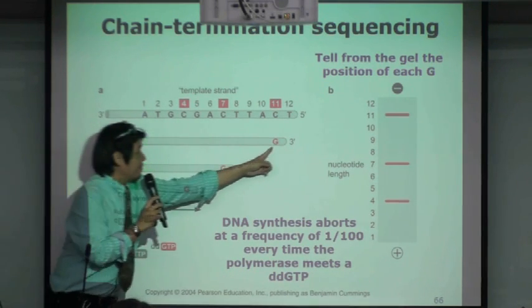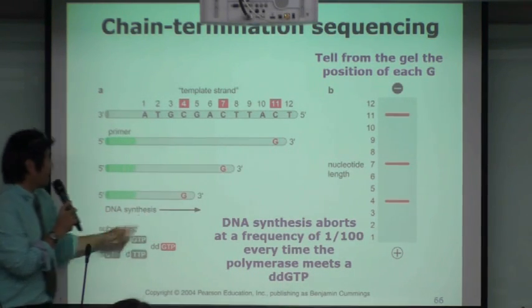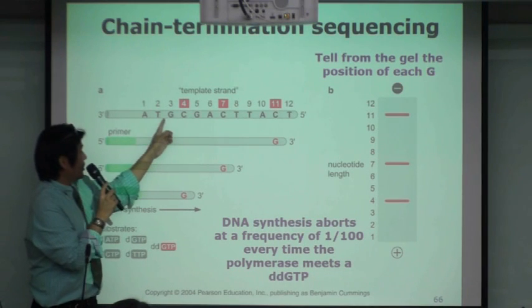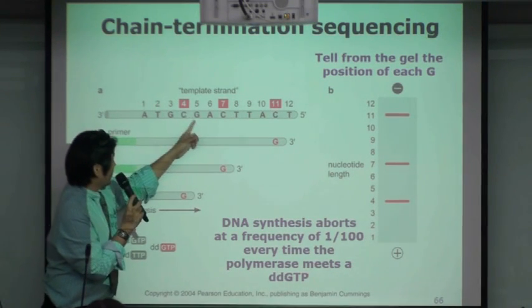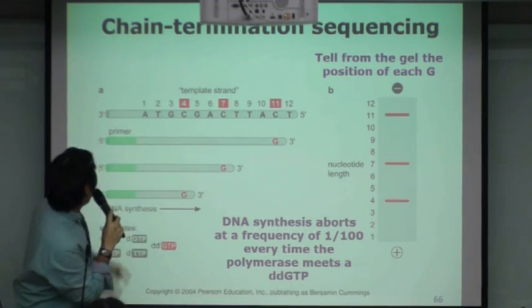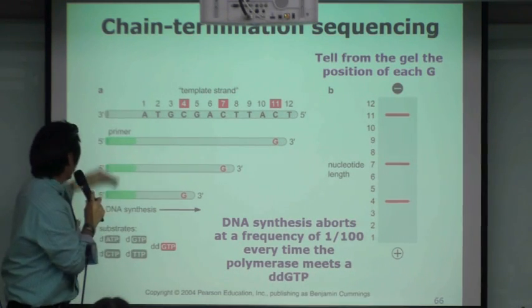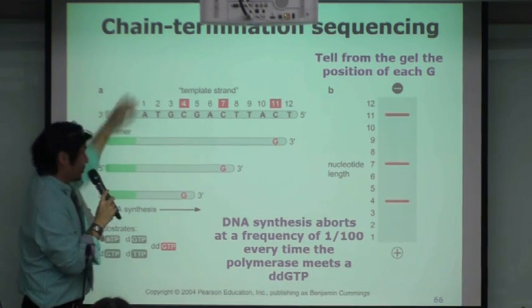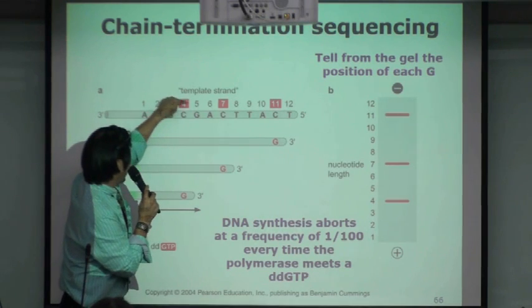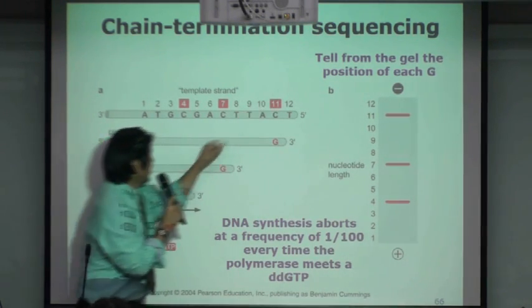It will stop here, there, wherever there is G. C, sorry, because there is template, right? So that should be on top, okay? So that is the G there, and G there.